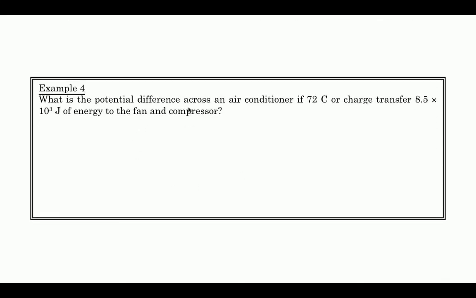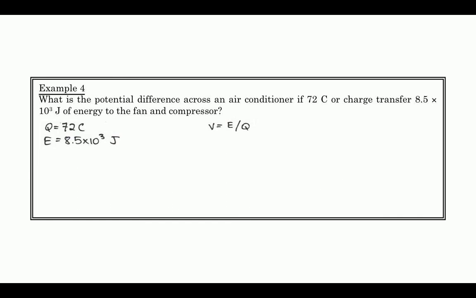What's the potential difference across an air conditioner if 72 coulombs of charge transfer 8.5 times 10 to the 3 joules of energy to the fan and compressor? So here we have this massive amount of energy, 8.5 times 10 to the 3 joules, and it's being distributed amongst these 72 coulombs. We want to find out what the potential difference across this air conditioner is. I know the charge, and I know the energy that's being used.